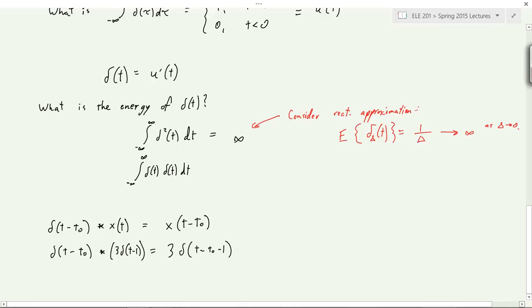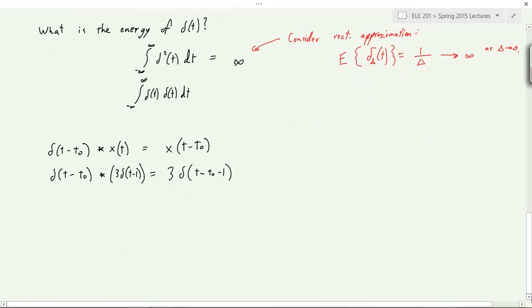Okay, great. I think I have something else here. All right. So the next thing we want to do is try taking a Fourier transform of a delta function.